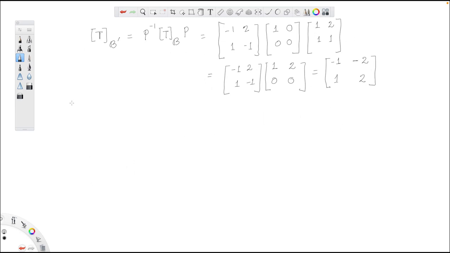Now we try to find this guy independently and check if it matches with our result here. By independently, I mean without the use of Theorem 4.